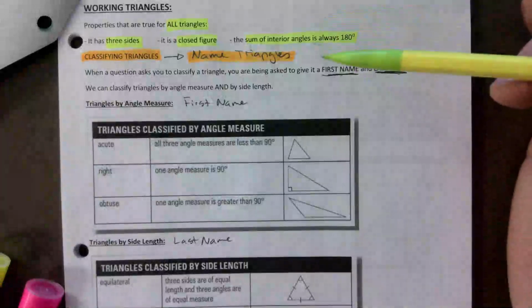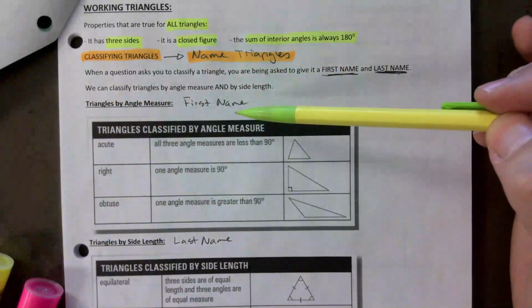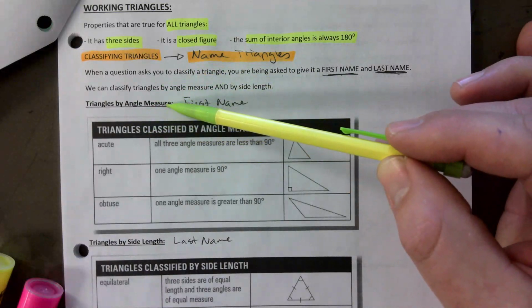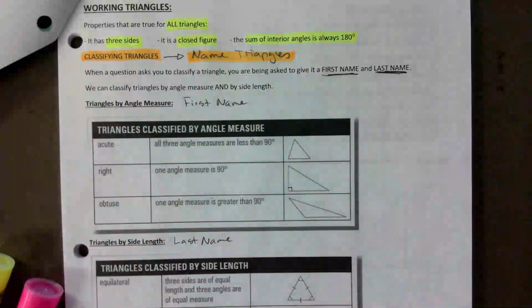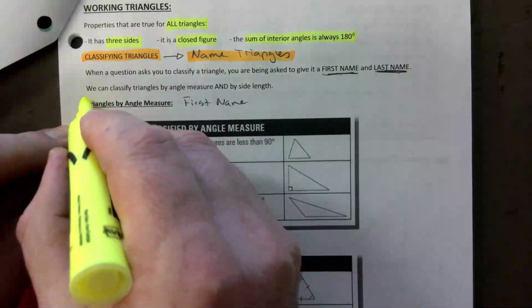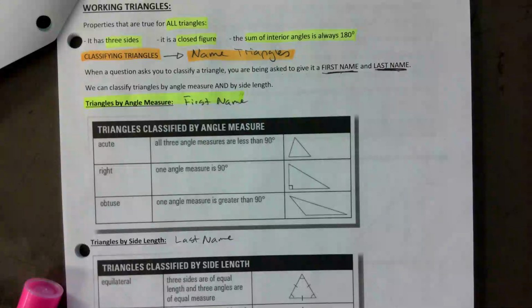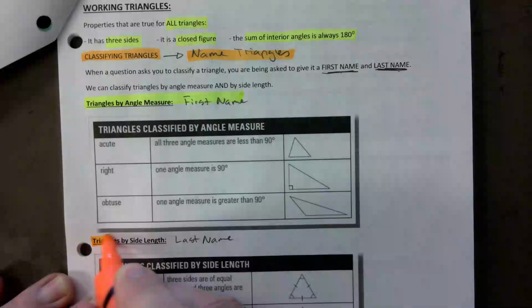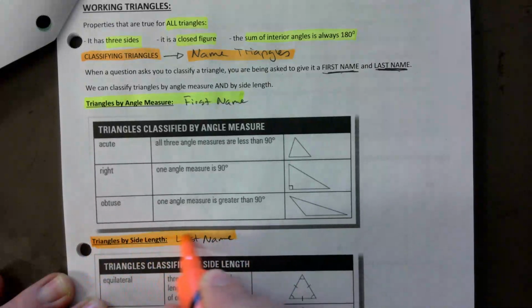So listen carefully here. The first name is when we look at the angle measure. Okay, angle measure. So let's highlight that. The first name is going by angle measure, and the last name, we're looking at the side lengths.